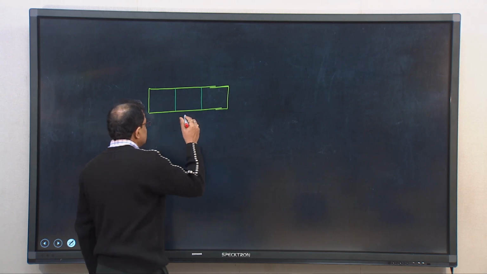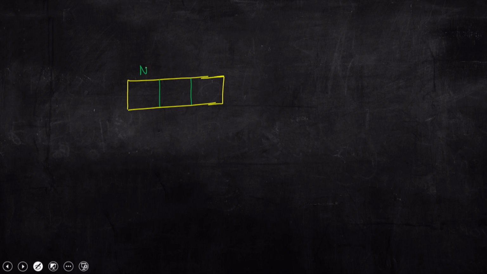So, a semiconductor device has 3 components, or one semiconductor device. So, this is NPN. So, this is N, this is P, this is N. This is NPN, N type, P type and N type.